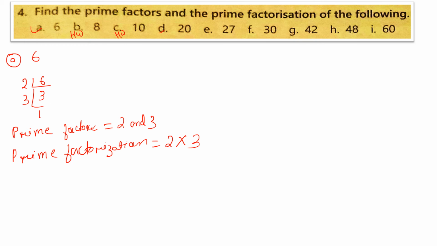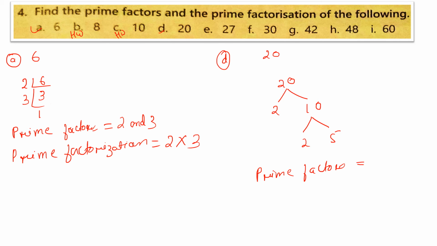I'm going to do number D with the tree method. So 20. Again I'll write 20 here. So 2 10's are 20. Now, yes, 2 5's are 10. Now we cannot go further because 5 1 is 5, 2 1 is 2. No need to use 1. So directly we will use these numbers. So the prime factors are 2 and 5 only.